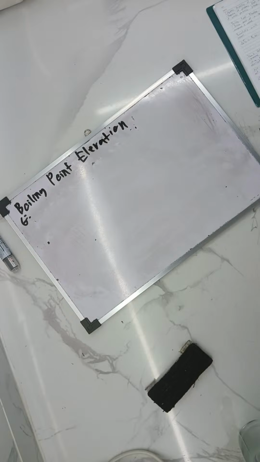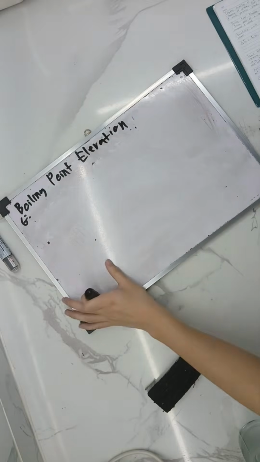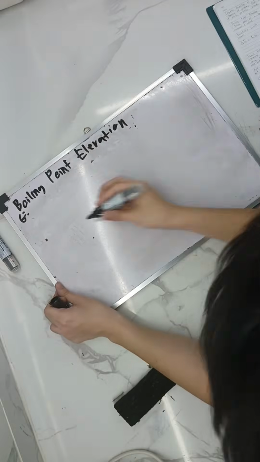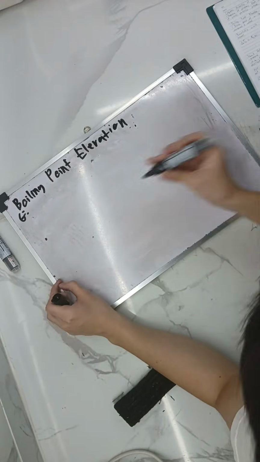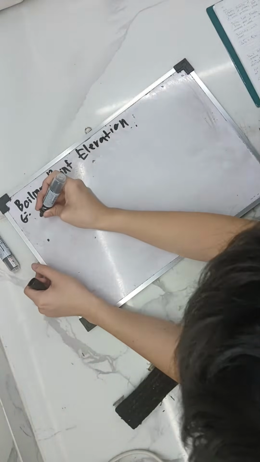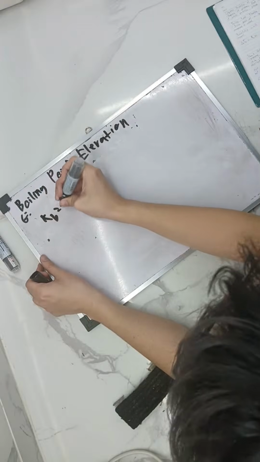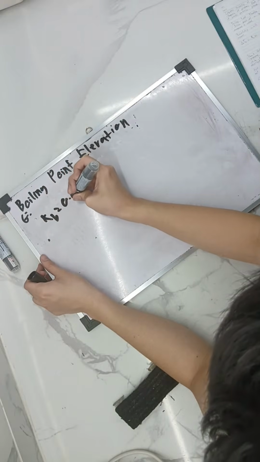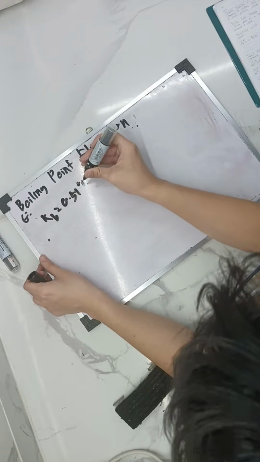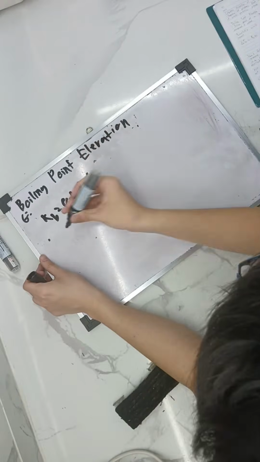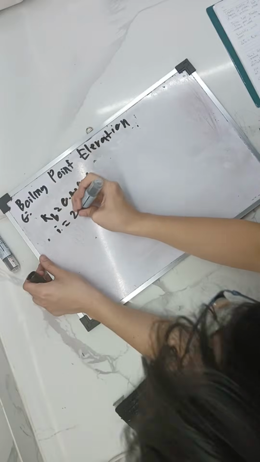But let's say we have an actual word problem that involves deriving. Let's say molality isn't given, and you're also not given the moles, nor the kilograms of solvent. So let's have an example. Instead of being given the molality, we're given everything else but it. So Kb is still equal to 0.51 degrees Celsius per molal. i is equal to 2.